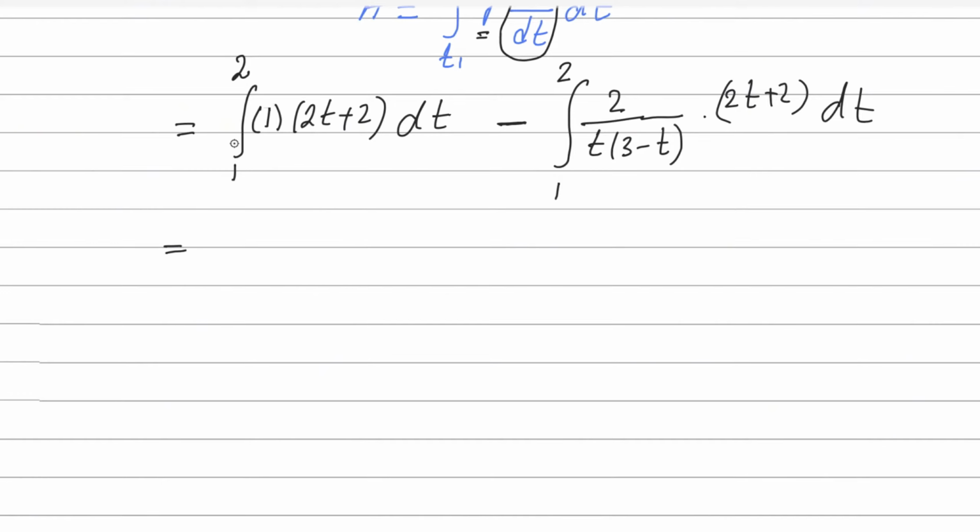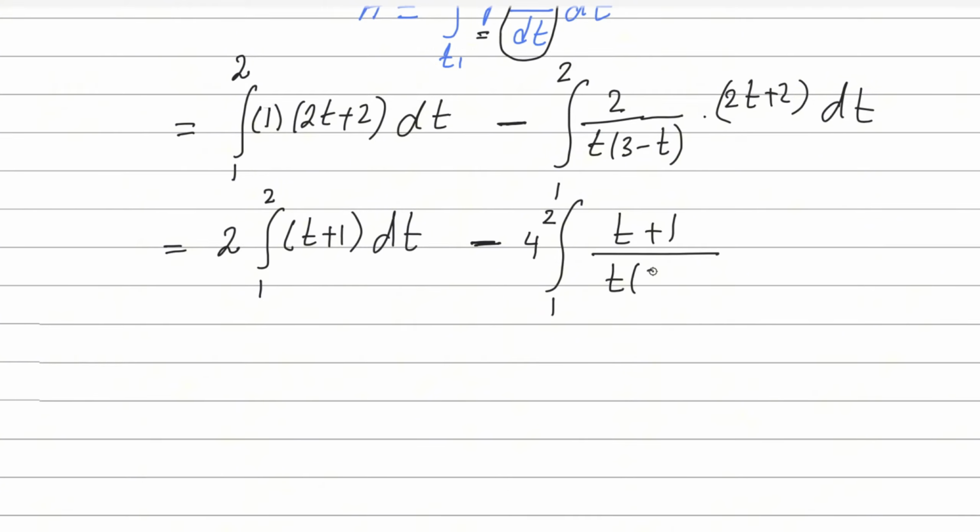Better you keep 2 outside of the integral, so it will be from 1 to 2, and we can write t plus 1 dt, and then minus from 1 to 2, 2 is common, that common will multiply by 2, you get 4, and we get t plus 1 over t into 3 minus t and dt.